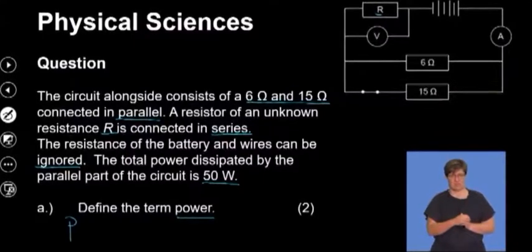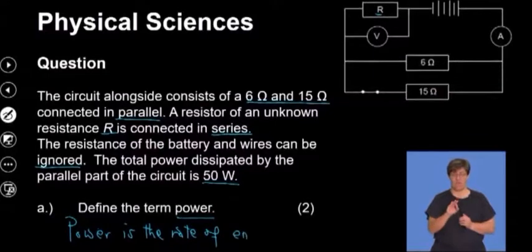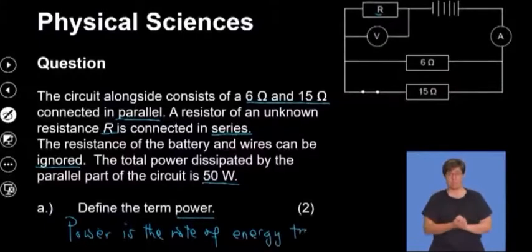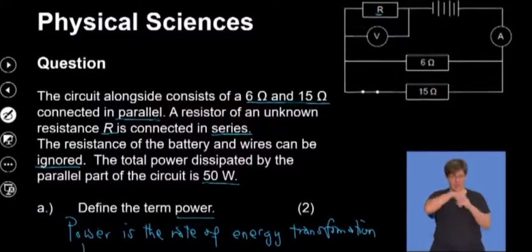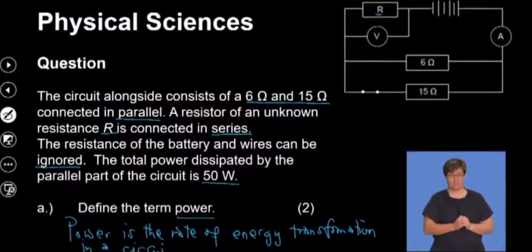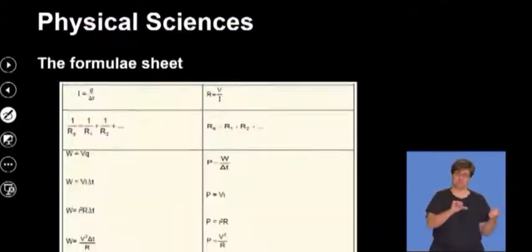Power is actually the rate of energy transfer, energy conversion, or energy transformation in a circuit. So even if we go back to our data sheet, you'd realize that this is the power definition that we talk about.